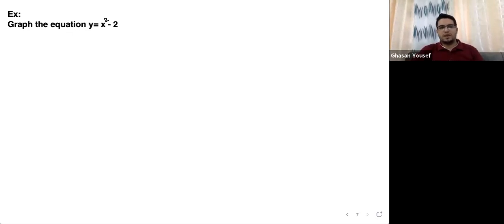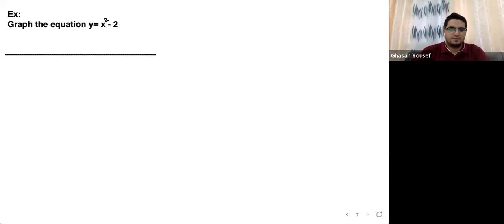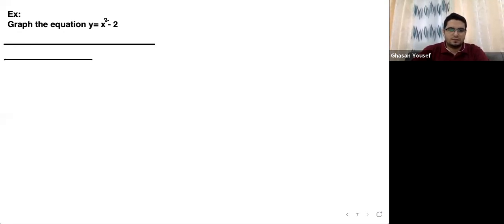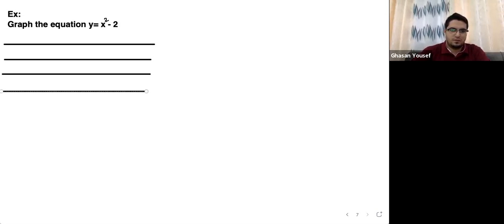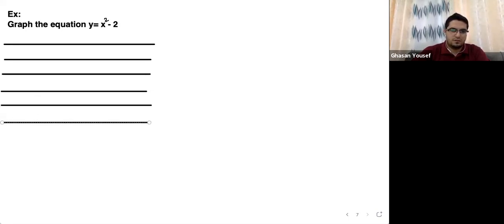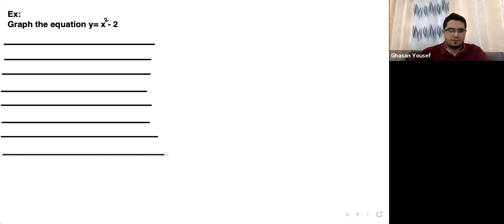To graph this one, we have to make a table again. The table looks like this. Here's my table.